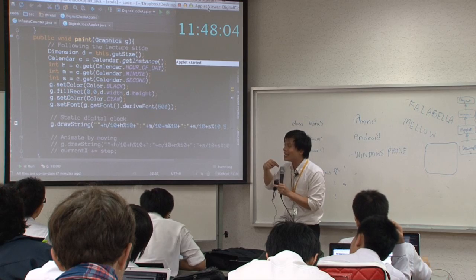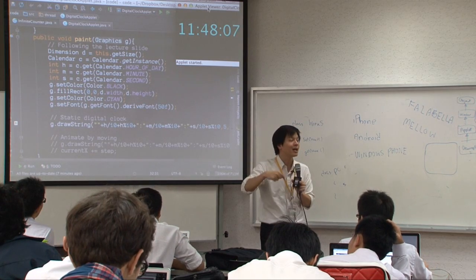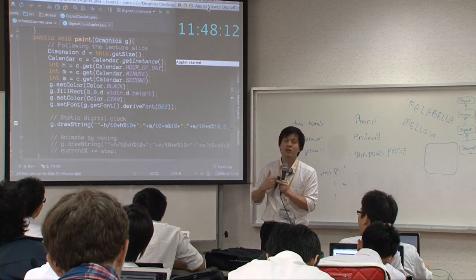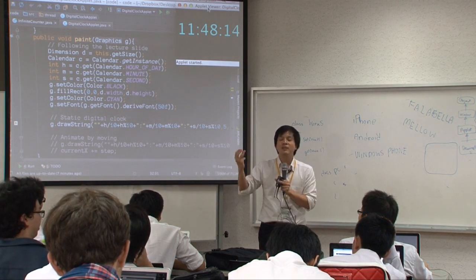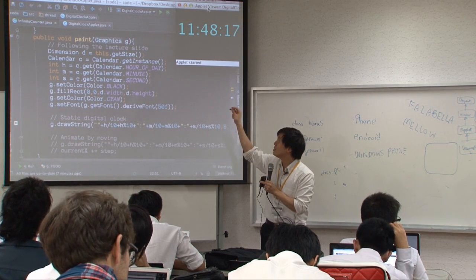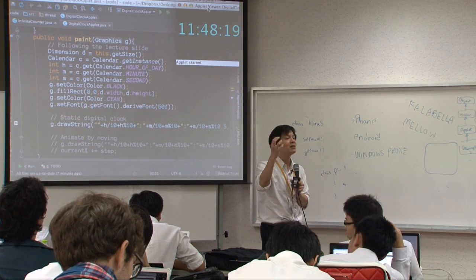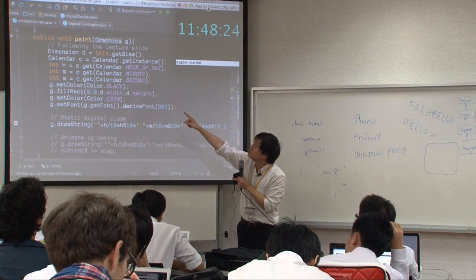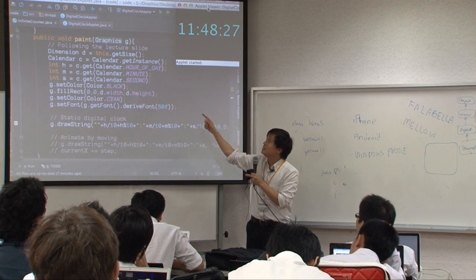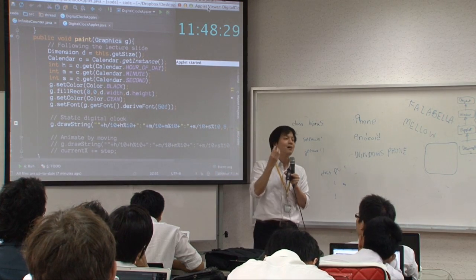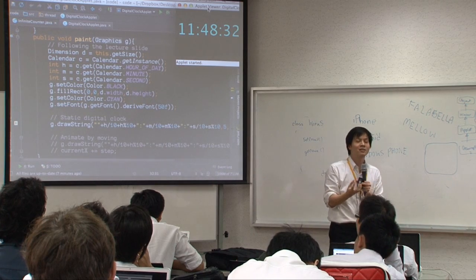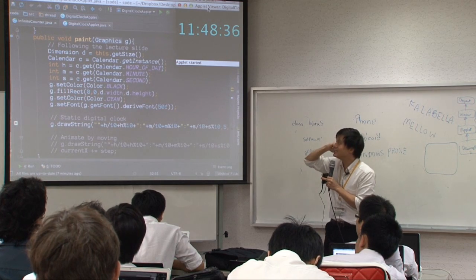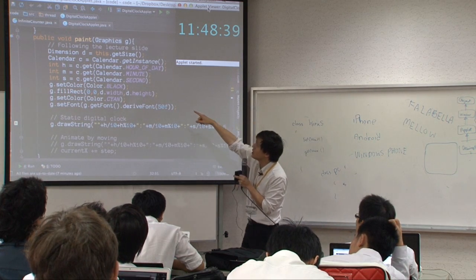It has a constant field called HOUR_OF_DAY, a constant field called MINUTE, a constant field called SECOND. The value of those fields is not the real hour, minute, or second, but just an integer that represents the field. We use that integer with get. So that's why we do c.get(Calendar.HOUR_OF_DAY). It will retrieve the hour of that calendar, and we store that in h. Same thing goes for m and s.